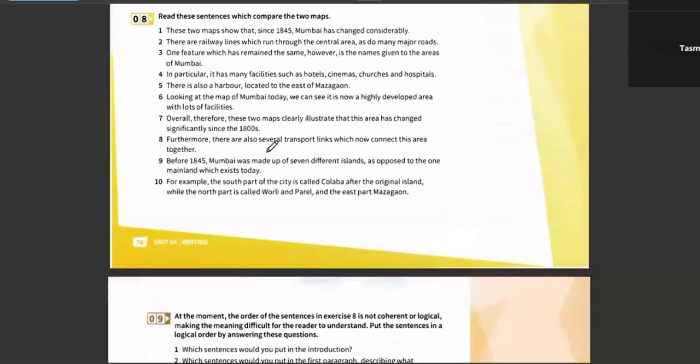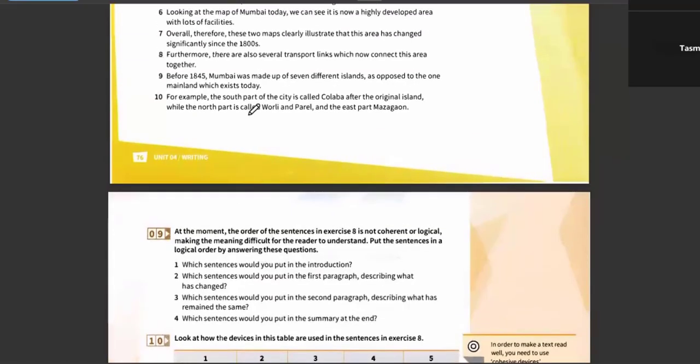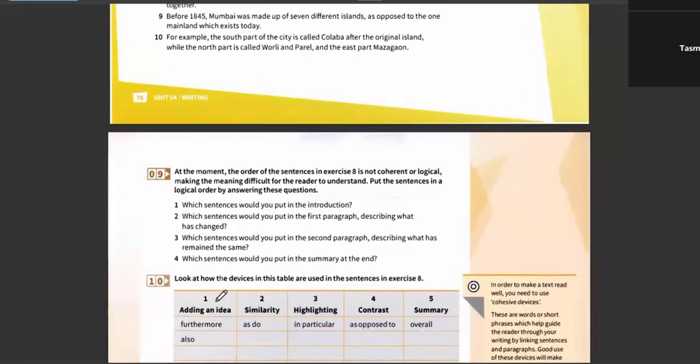So the sentences that we just saw, what do you think are the devices that are used for adding idea, similarity, highlighting, contrast, summary, and so on? It is already given here for us so that it's easier for us to understand which of the words are which type of device from each of the sentences here. So for adding an idea, when we are trying to add an idea to a sentence, we use furthermore.